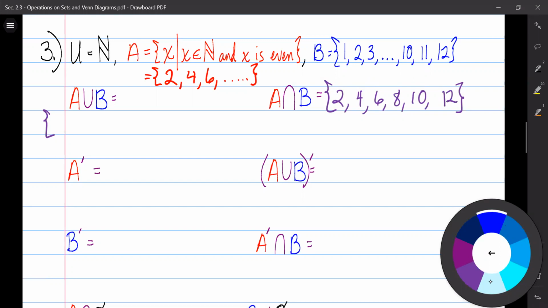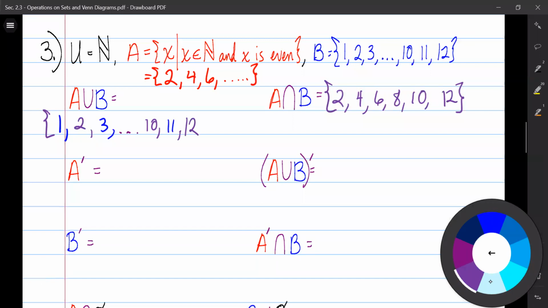So basically, we're going to have everything from 1 to 12: 1, 2, 3, dot dot dot, 10, 11, 12.